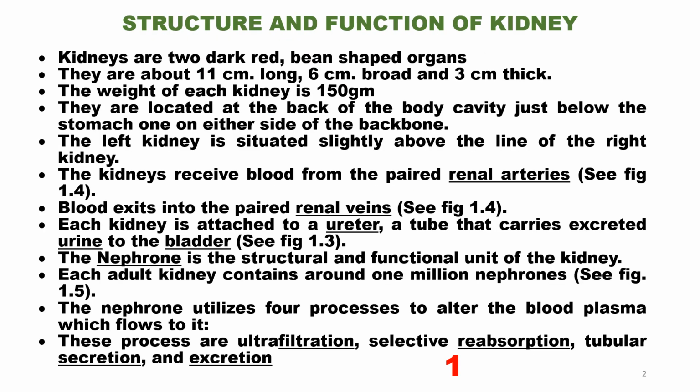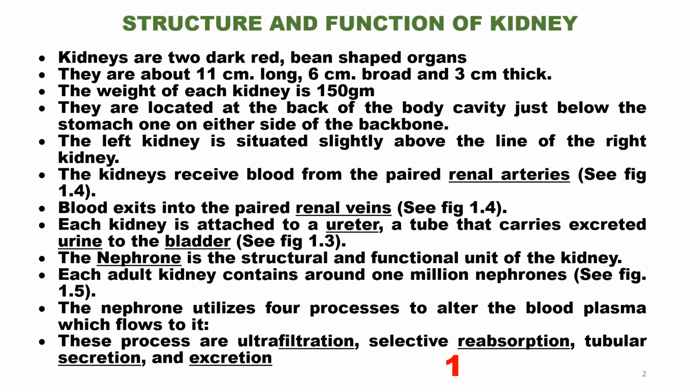First of all, we'll talk about the structure and function of the kidney. Kidneys are two dark red bean-shaped organs, meaning that each individual organism possesses two kidneys, and they appear bean-shaped and dark red in color. They are about 11 centimeters long, 6 centimeters broad, and 3 centimeters thick.